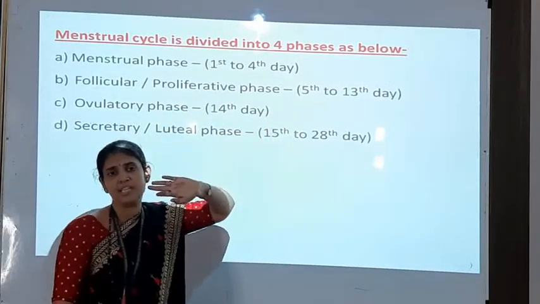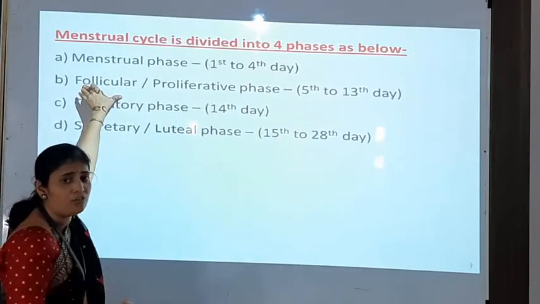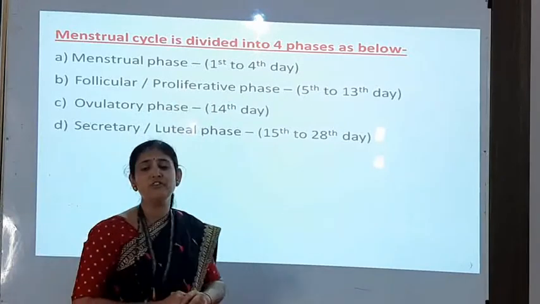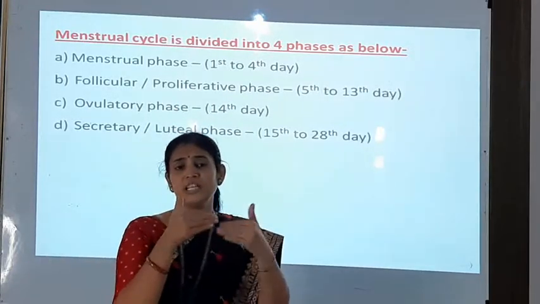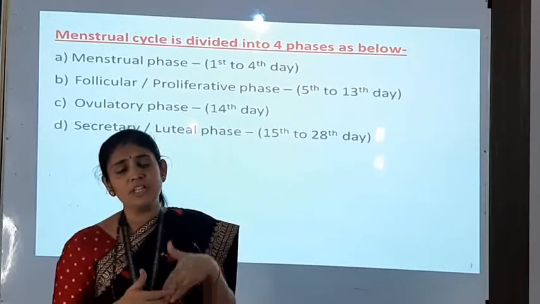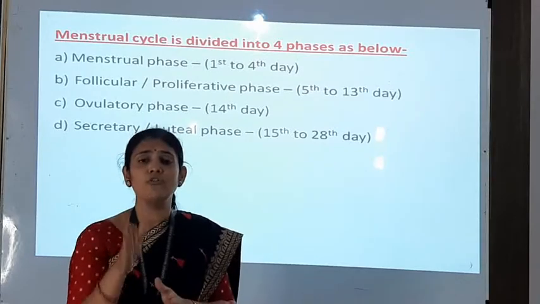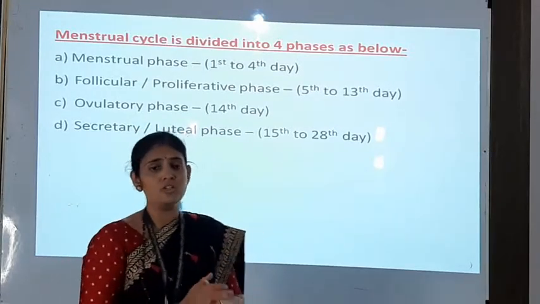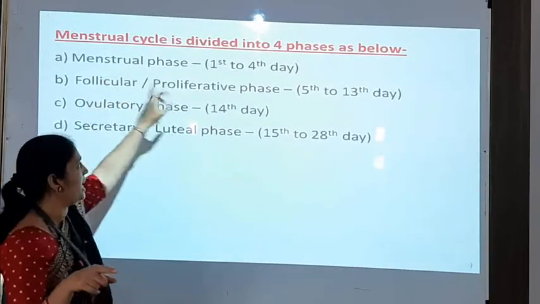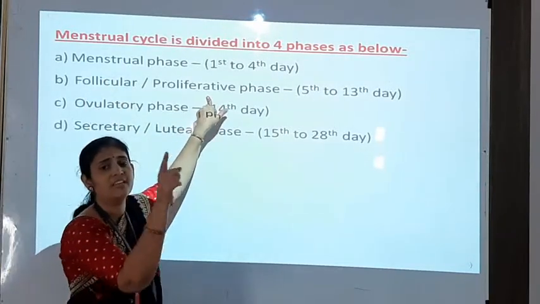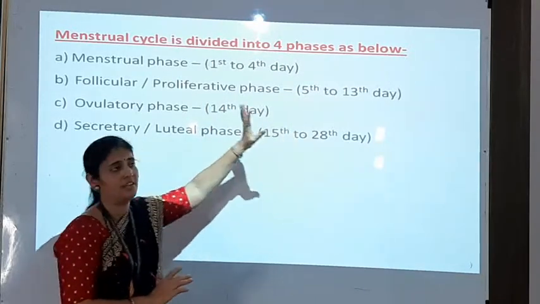Here, the follicular phase takes place in the ovary, and the proliferative phase takes place in the uterus. So during this menstrual cycle, simultaneous changes take place in the ovary as well as in the uterus. So the follicular phase is present in the ovary and the proliferative phase is present in the uterus, and it takes place between the 5th to 13th day.